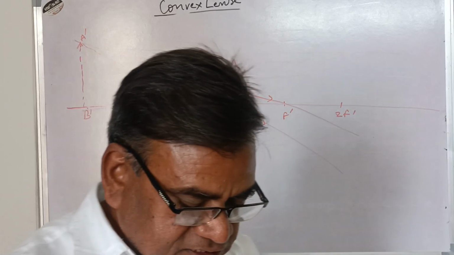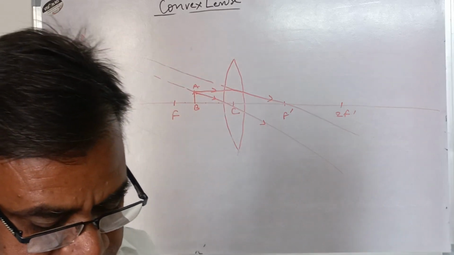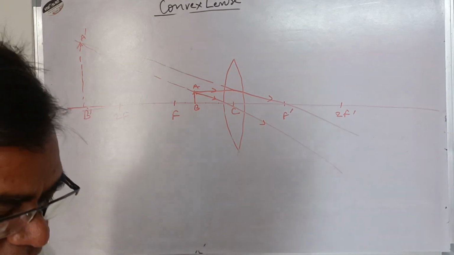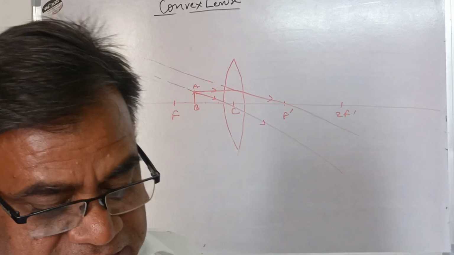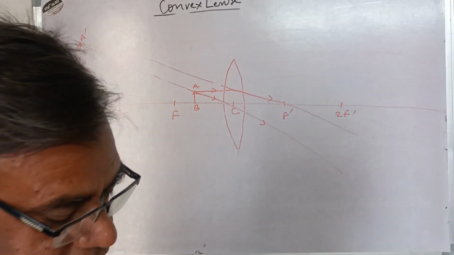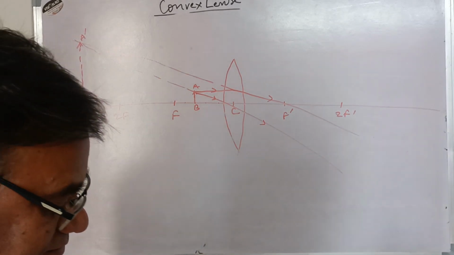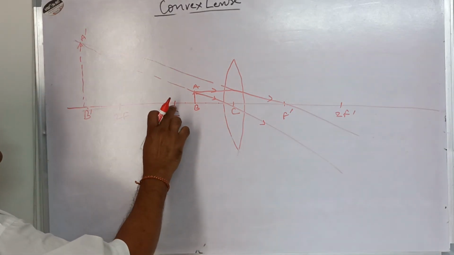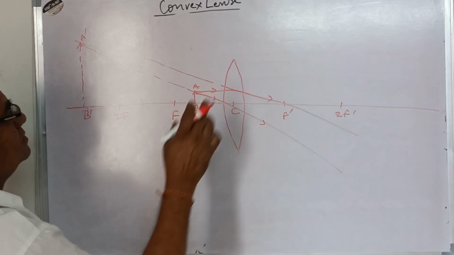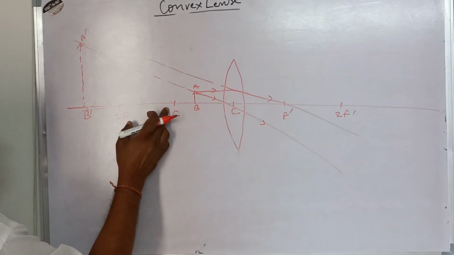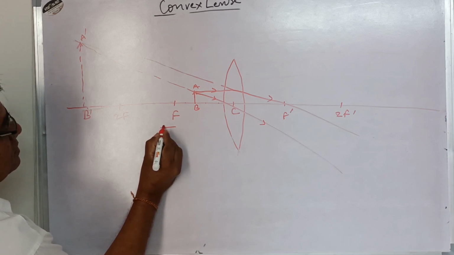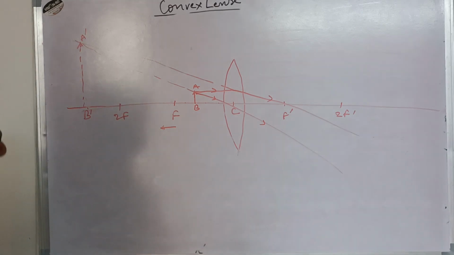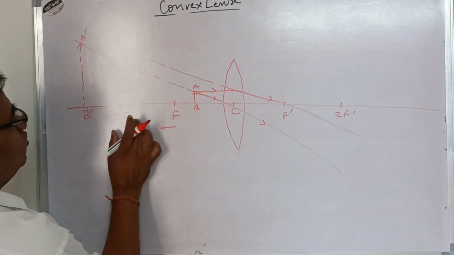Where should an object be placed in front of a convex lens so as to obtain a real image? It asks where on the left the object should be placed so that the image is real, inverted and magnified. If we place it at the focus, the image forms at infinity. As we move from the focus toward the left side, you move the object this side, the image will come this side and be magnified beyond 2f.